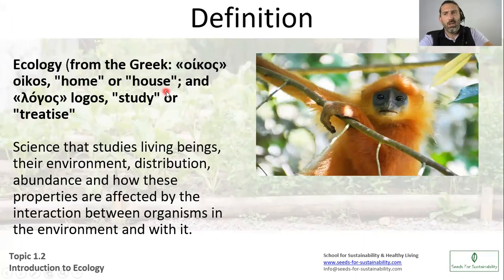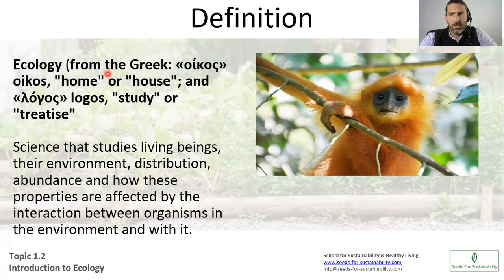So what are we actually talking about when we talk about ecology? And that term is not falling from the sky. It's coming from Greek. It's actually made from two words specifically, which are oikos, home, also oikonomia, economy, same origin, home or house, defines a certain space, and logos, translated as study or treatise.